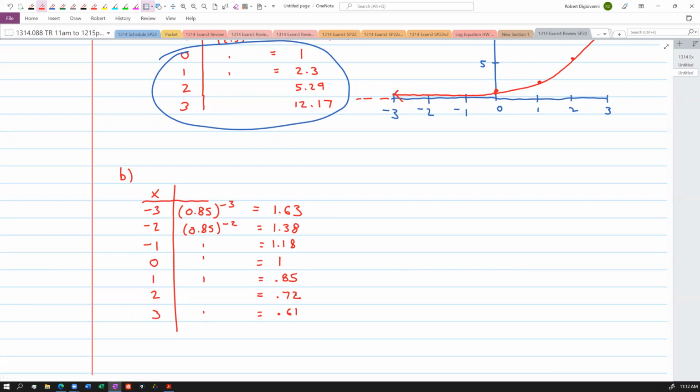So again, I'm going to use the fact that I know this is going to be the opposite of that. It's going to grow on the left and then go down on the right. So my X and Y axis here, my X axis is going to be labeled exactly like the one above.